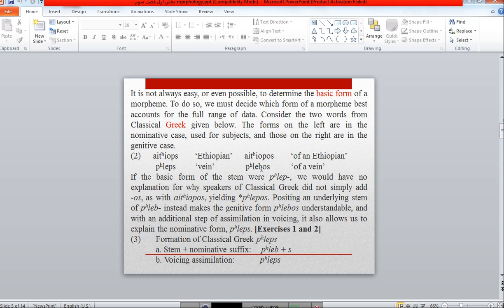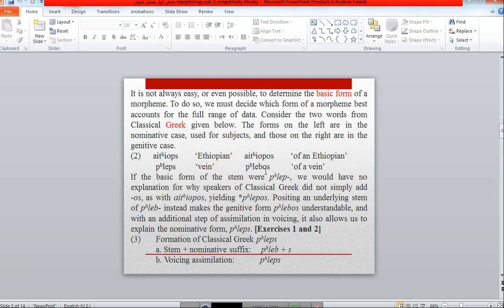On the basis of these two forms, we can hypothesize that the nominative in Greek is formed by the addition of s, and that the genitive is formed by the addition of os. What then are the basic forms of the stems meaning these two words?